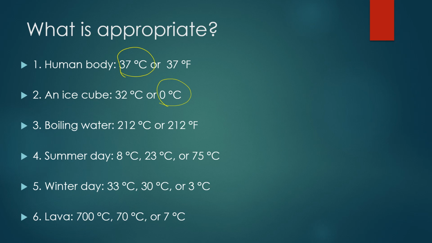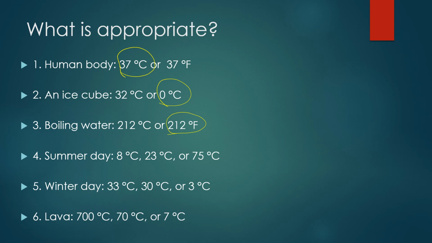Boiling water. We just talked about this one. We know that 212 degrees Fahrenheit is considered the boiling point of water. A summer day. Here we go. Which of these three temperatures would match a summer day? Remember, we just talked about converting 28 degrees Celsius into Fahrenheit.